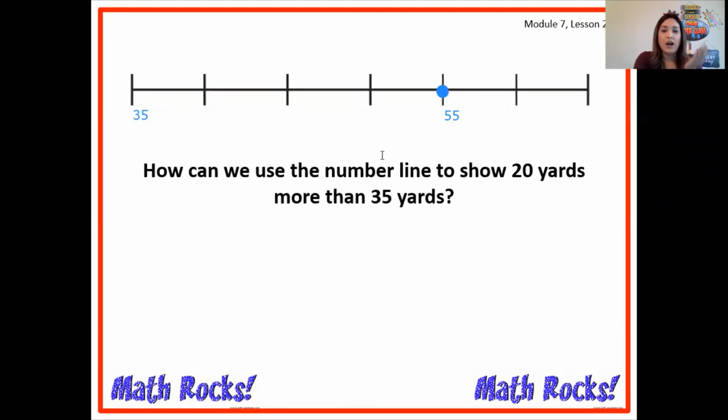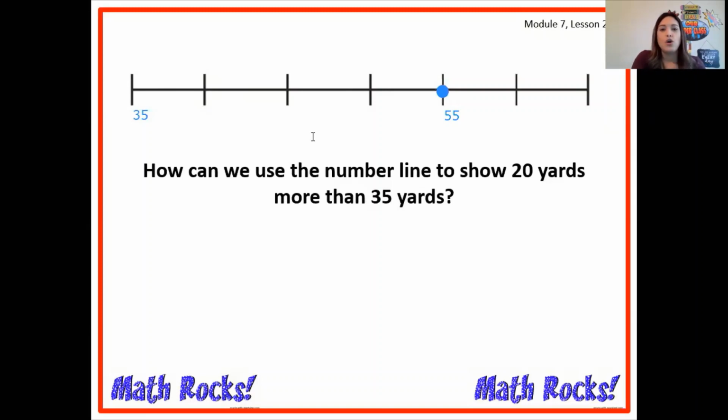So how can we use a number line to show 20 yards more than 35? Well, we use this as our starting point, and we knew we were starting at 35 because we had to show 20 more than 35. We counted by 5. I marked my end point, and then I started at 35 and counted by 5 to 55.